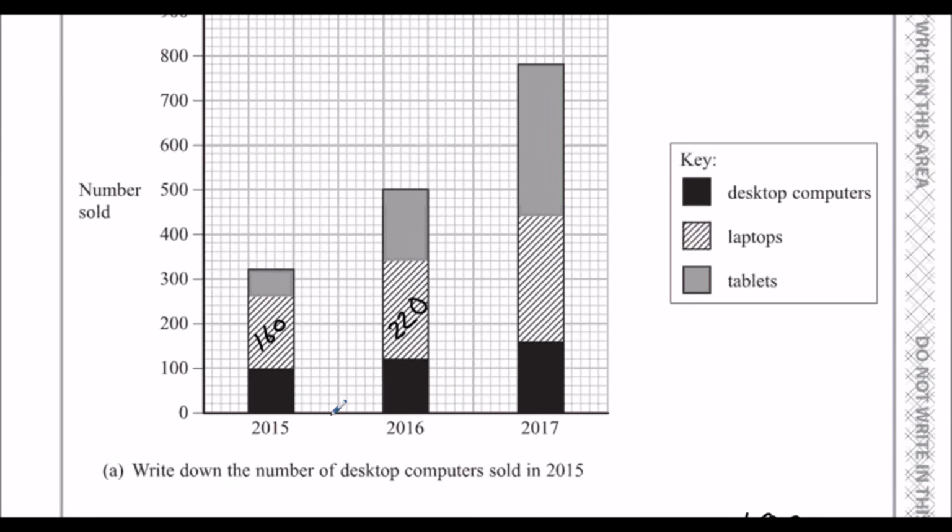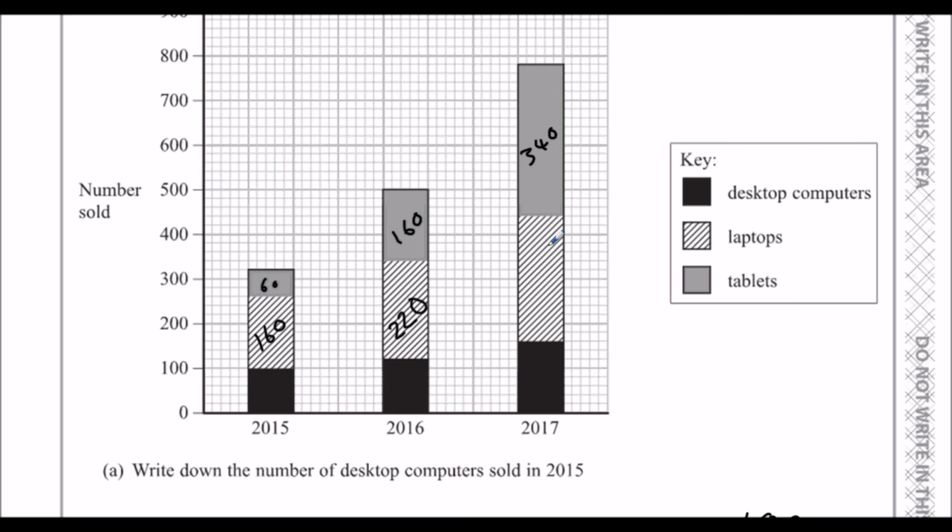Well, it's definitely going to be tablets, because they started selling 60 in the first year, and then that went up to 160, and now it's at, so 60, 160, 260 plus 80, 340.